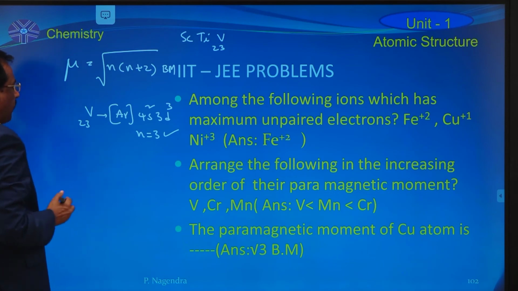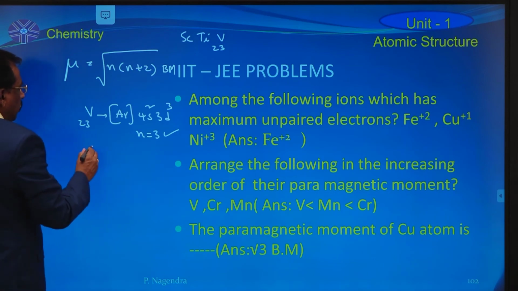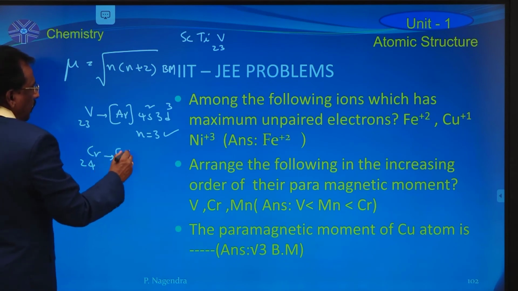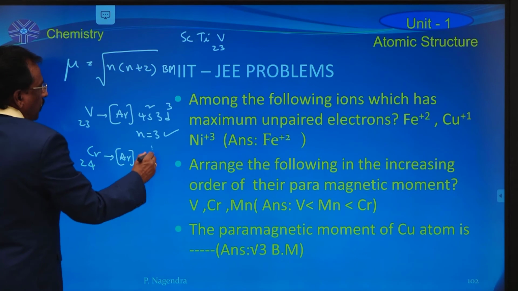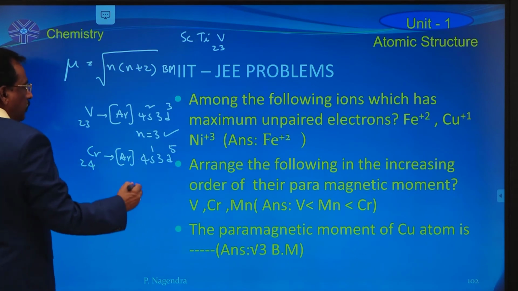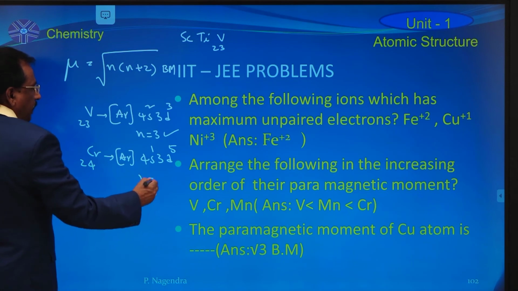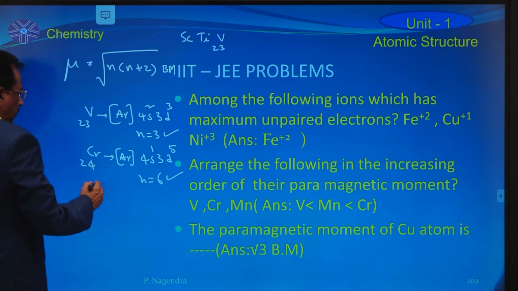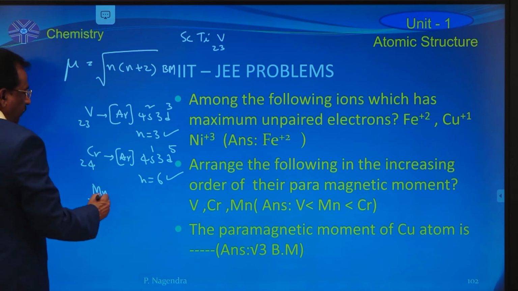And after that, chromium 24, argon 4s1 3d5. So the number of unpaired electrons is equal to 6. After that, manganese 25.